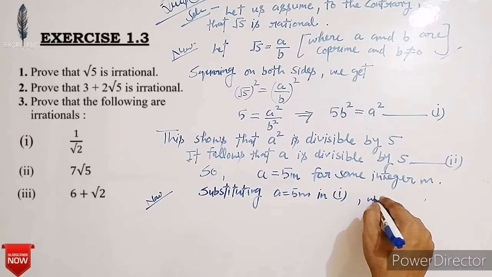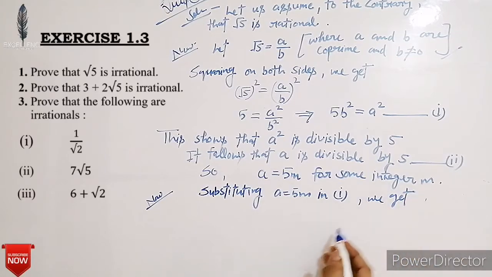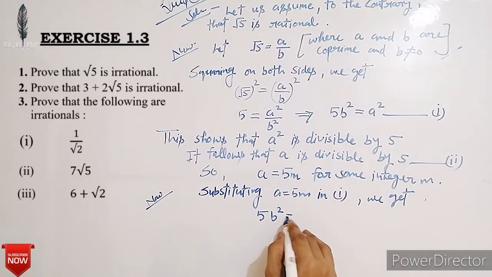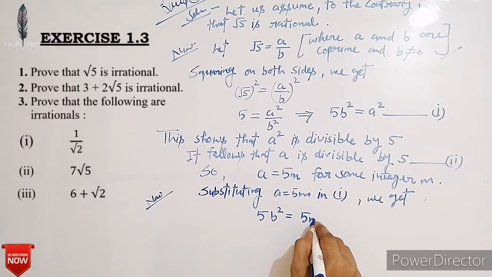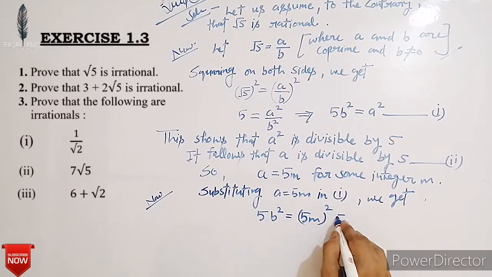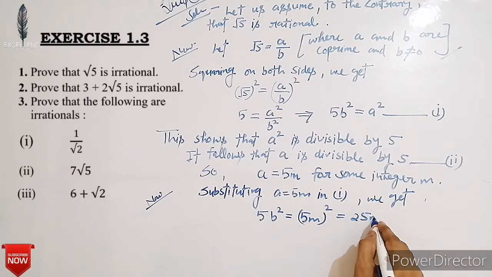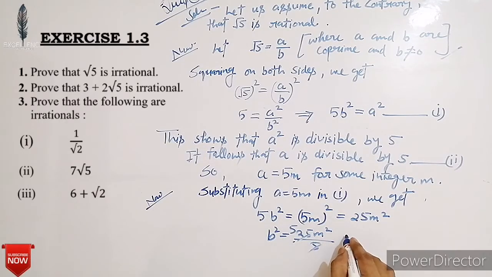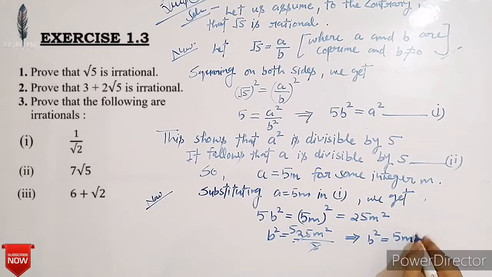Okay. So here we get 5b square is equals to, here A is equals to 5m. So here 5m whole square is equals to 25m square. Okay. Here B square is equals to 25m square upon 5 is equals to B square is equals to 5m square.